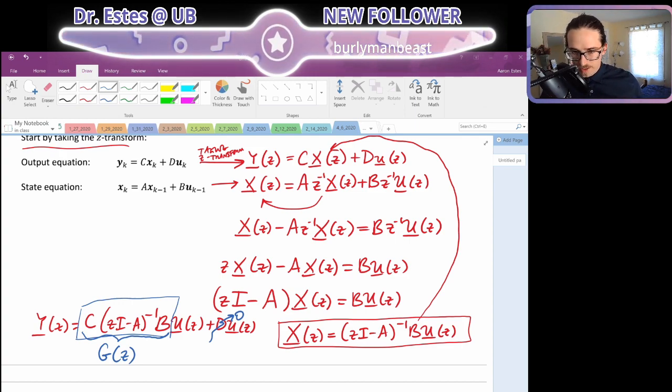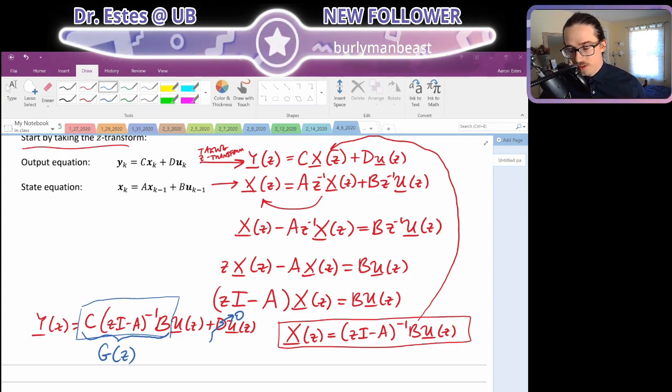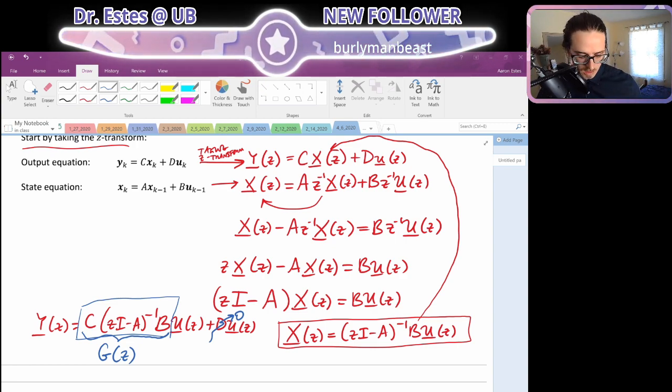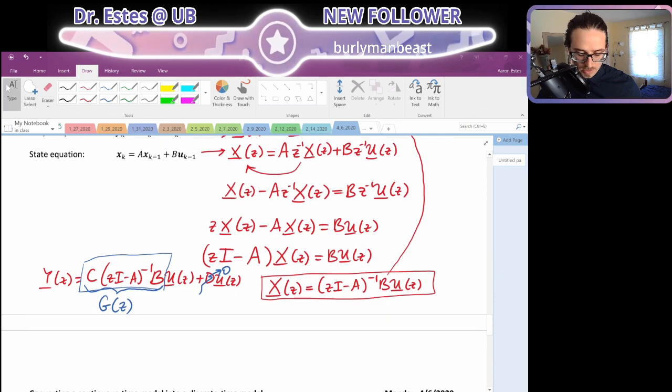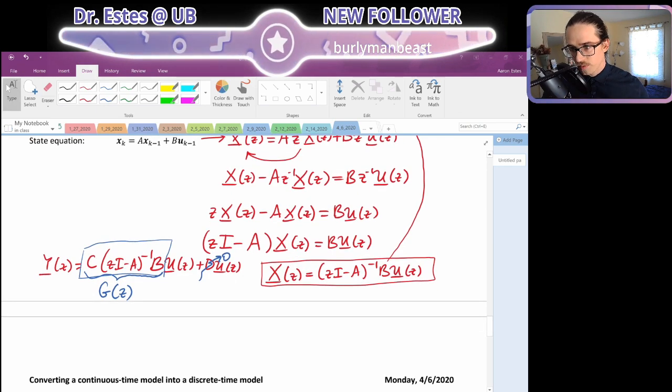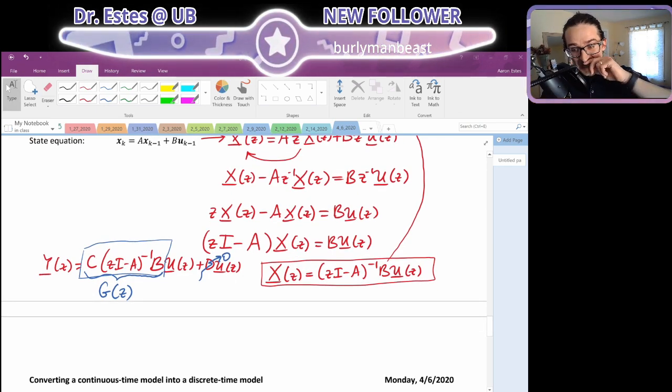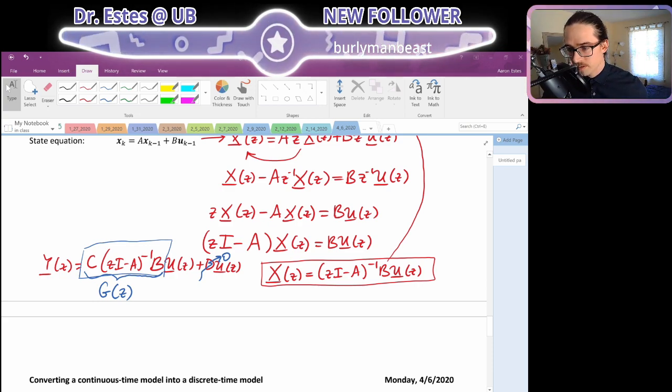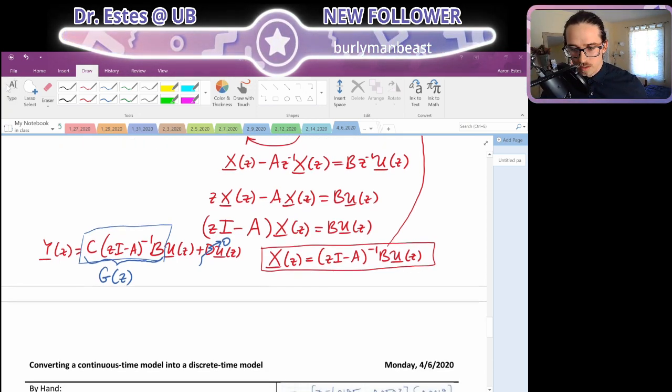Now, on the next page, I show you how you can do this by hand with our system, but if you do anything bigger than a second order system, it's really hard to do by hand.